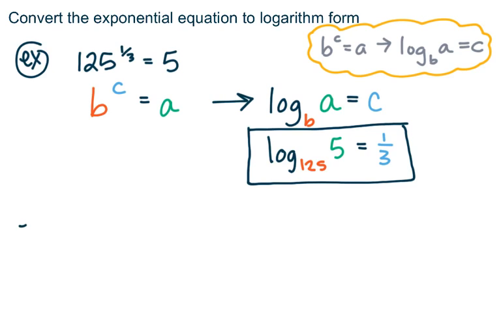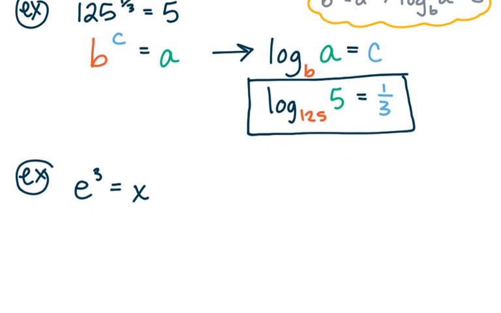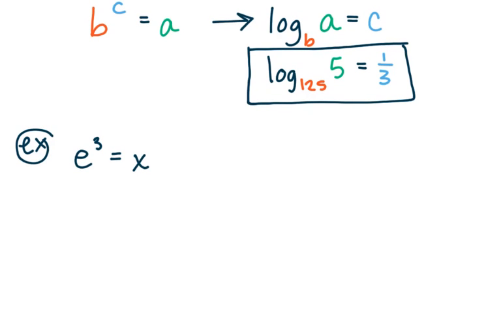So let's do another example. e to the 3 equals x. So e to the 3 equals x is going to become log of my base, which is e, of x equals 3.